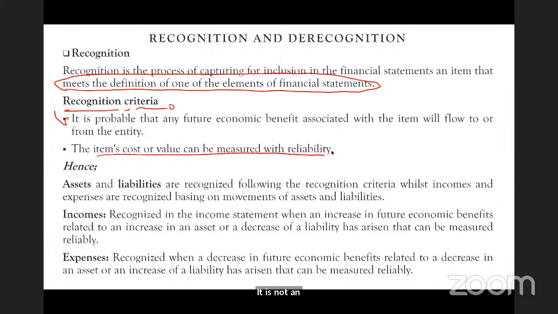Are we together? So that's why when we are defining an income, we are saying that it results from an increase in an asset or a reduction in a liability that increases equity other than contributions from the shareholders or the owners of that company. So if I know how to recognize an asset, then it will be easier for me to know when I should recognize an income, because that income comes as a result of increasing assets.